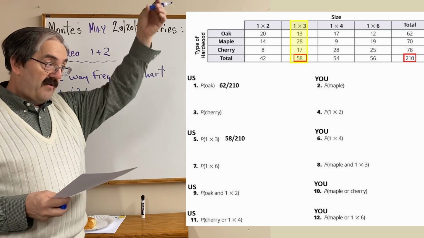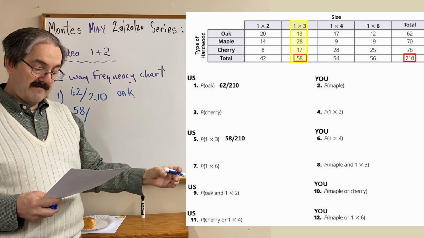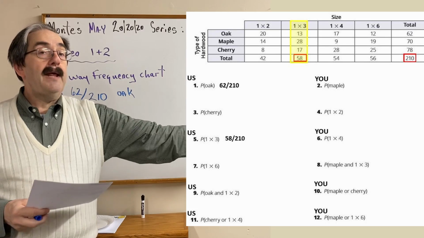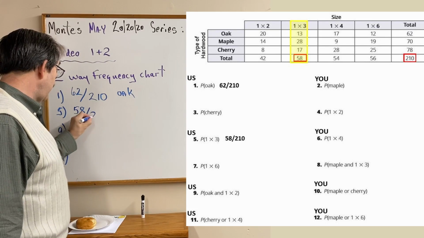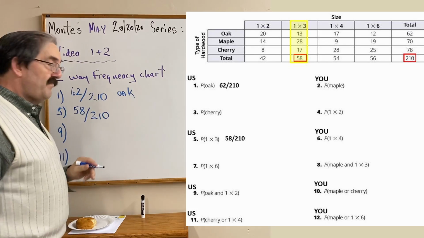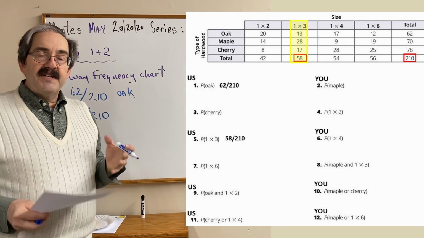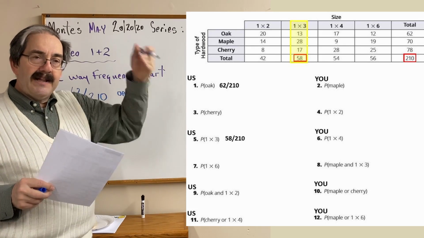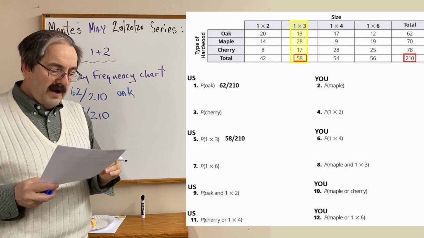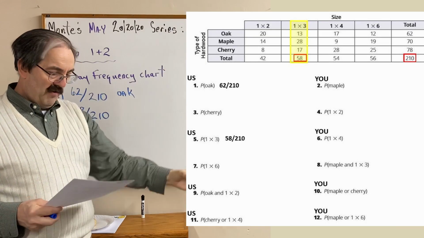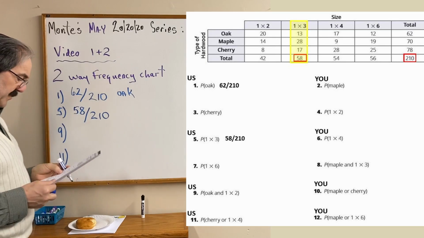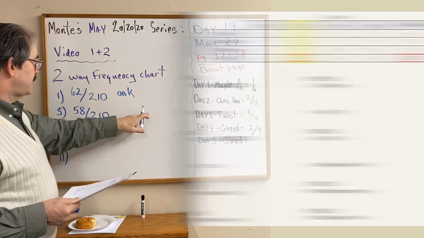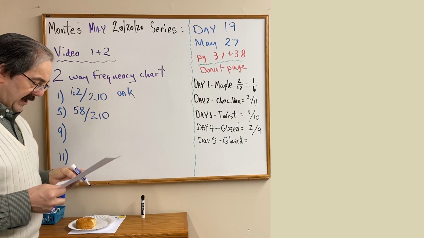Now, 58 out of how many? The same 210. The key to these is reading it and taking it literal. All we want is the 1 by 3. Poof, 58 of the 210. All right, then you do 6, 7, 8, 9.